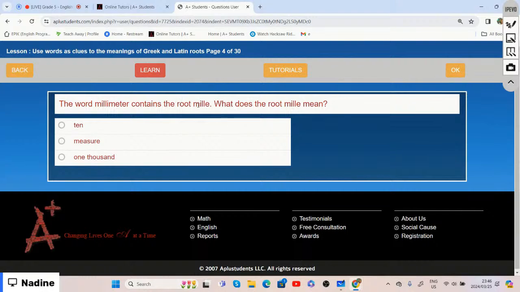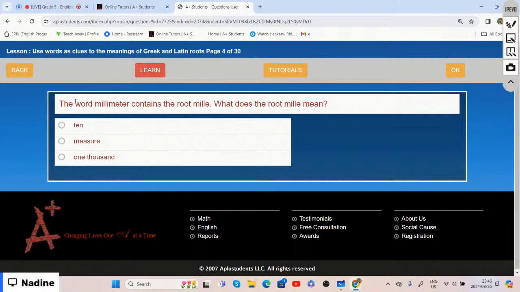But as soon as you put that root word together with another root word, because remember meter is a root word on its own, then instead of putting the E, you put an I. Remember, we are doing Greek and Latin roots.